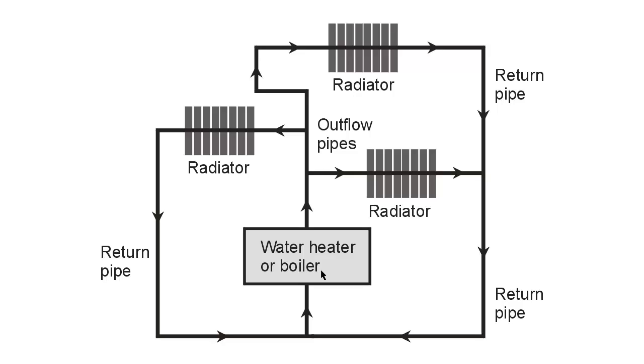So if it's a steam system, like one of those old-fashioned things where you have the radiators in some of these older houses, I've lived in a couple of houses that had those kinds of heating systems, then you have a boiler, and it boils the water into steam, which circulates around through these pipes. Either hot water or steam, but in a hot water system, of course, it's liquid water, circulates through these pipes.